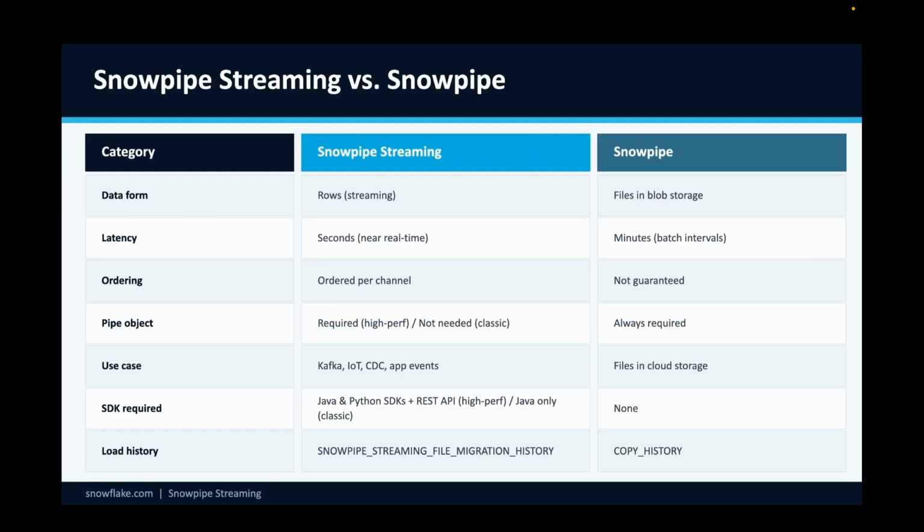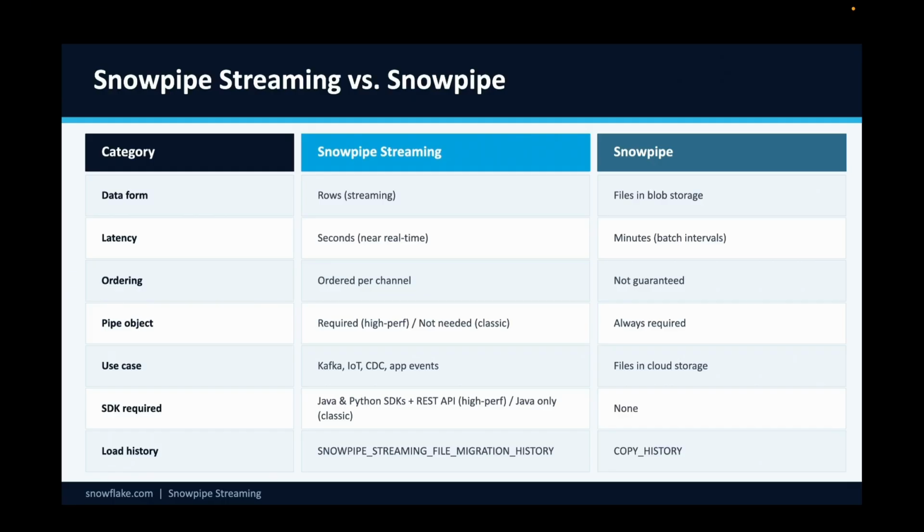Let's dig deeper into Snowpipe streaming versus Snowpipe, which is also used as an ingestion pattern in Snowflake. On the left side, you would see the category: data form, latency, ordering, pipe object, use case, SDK, load history.